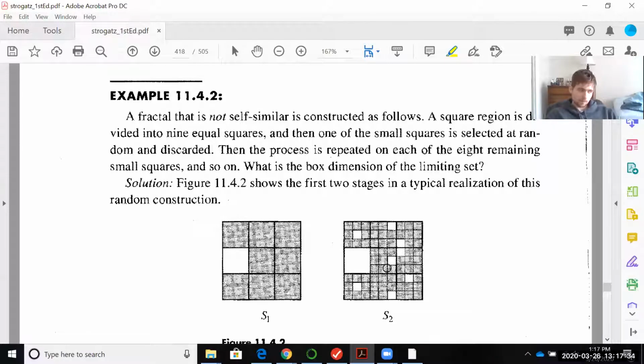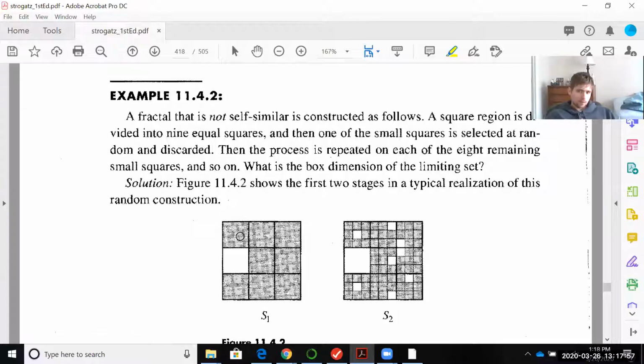So you can see that on average, the object repeats itself across scales. Basically, one of the 9 boxes is eliminated each time, but it's not exactly repeating itself, right?